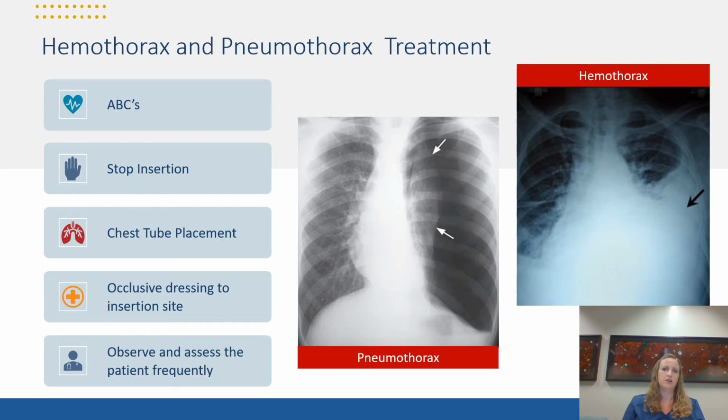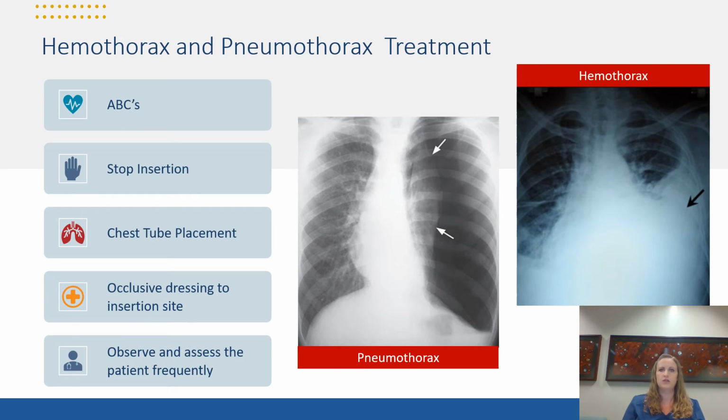If symptoms are occurring during the placement of the line, you need to have the provider stop immediately. Notify them, have them stop the insertion of that line. You're going to need an x-ray, and chest tube placement will likely be needed. You can see on the screen here two different x-ray images with arrows pointing to either the hemothorax or the pneumothorax.